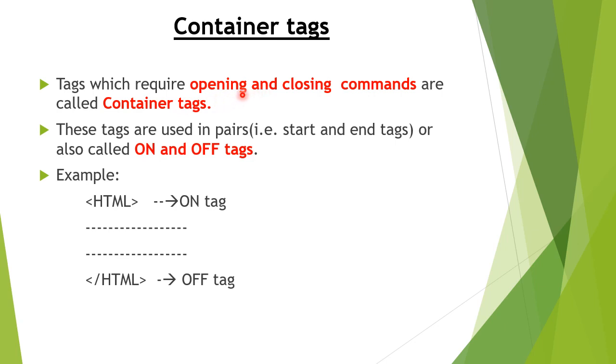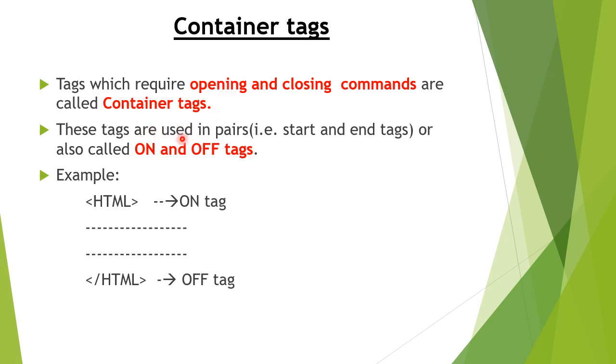Tags which require opening and closing commands are called container tags. Means in container tags, we have the opening tag as well as closing tag. These tags are used in pairs.